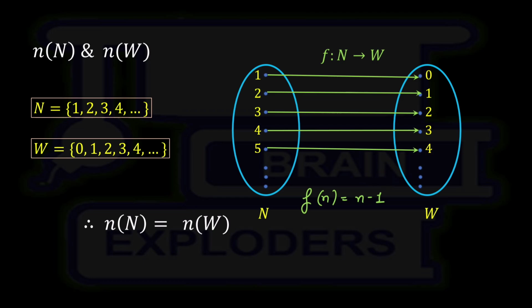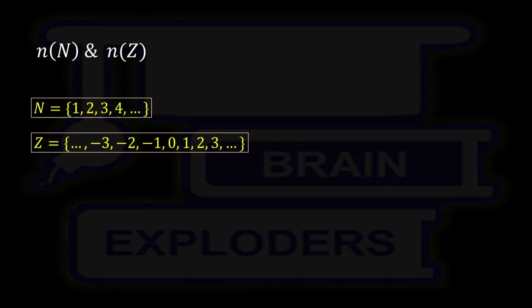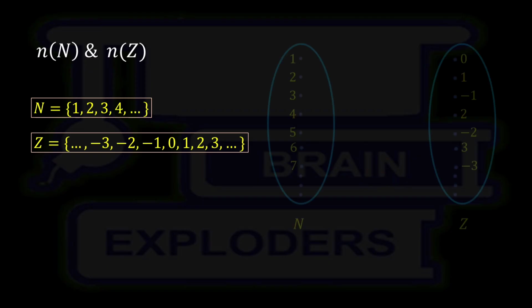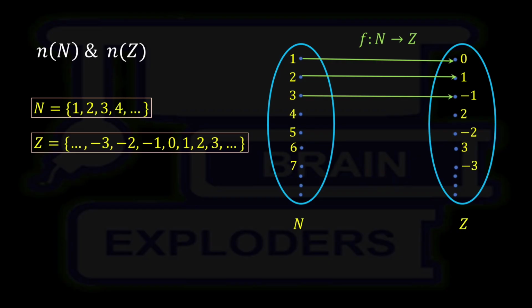Now let us see that the cardinality of natural numbers is also equal to the cardinality of integers. Now this seems something interesting. Let us define a 1 1 onto map. Join 1 with 0, then join 2 with 1 and 3 with minus 1, then connect 4 with 2 and 5 with minus 2, then connect 6 with 3 and 7 with minus 3.